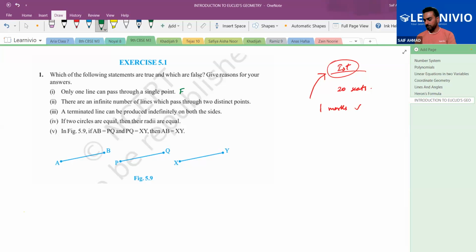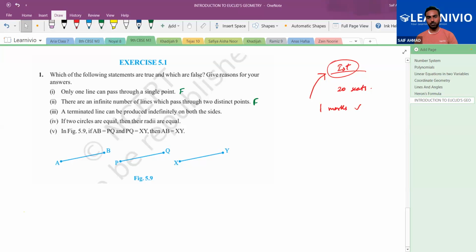Understood, Sakshi? Yes, sir. There are infinite number of lines which pass through two distinct points. Tell me, Sakshi. No sir, it's false, only one line can pass. Yes, this is false because it contradicts axiom 5.1.